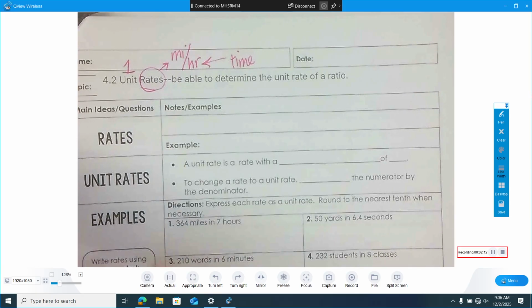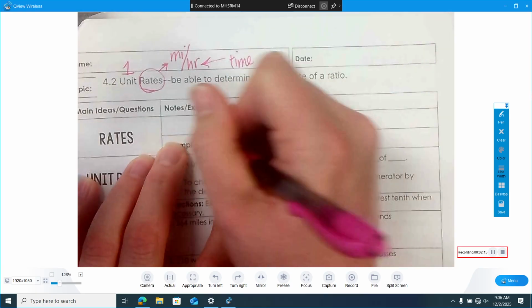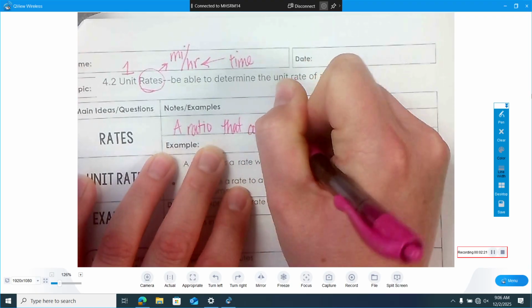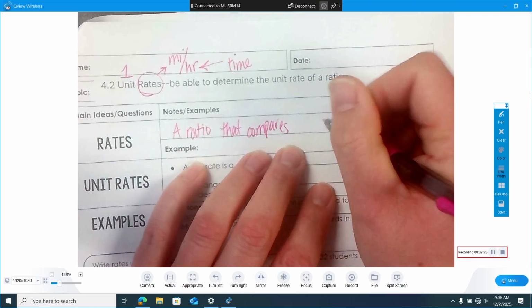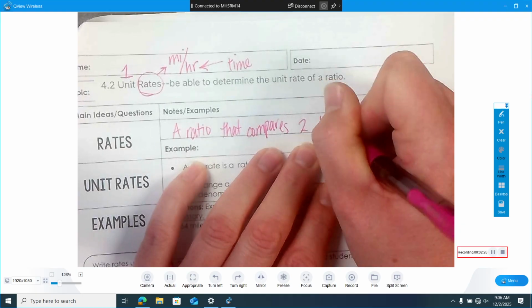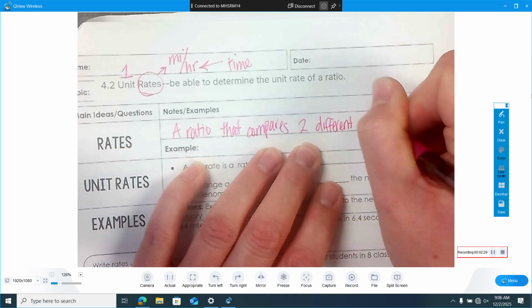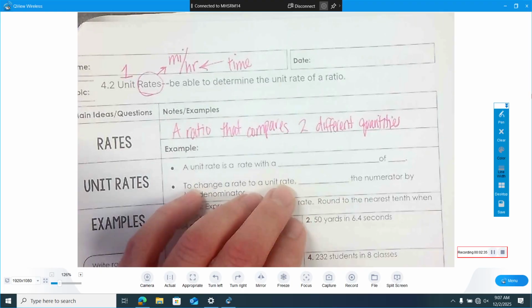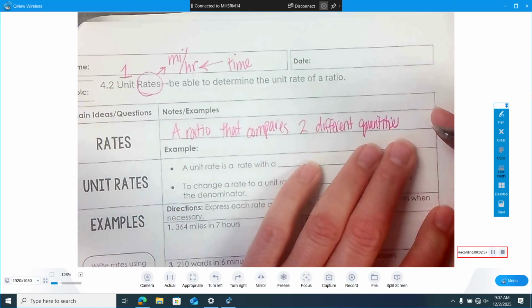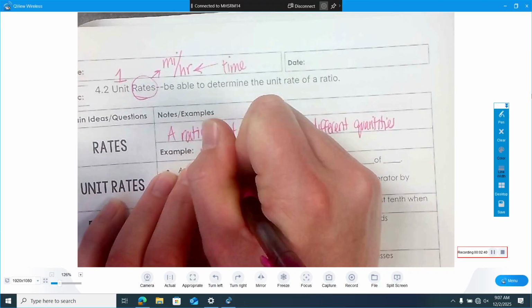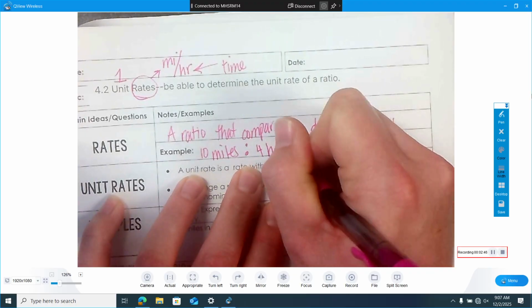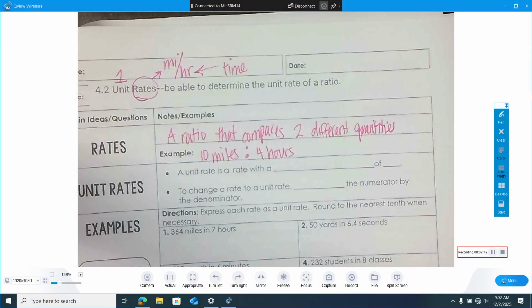And so a rate is a ratio that compares two different quantities, such as, for example, 10 miles to 4 hours. All right, and it's typically going to involve a unit of time.